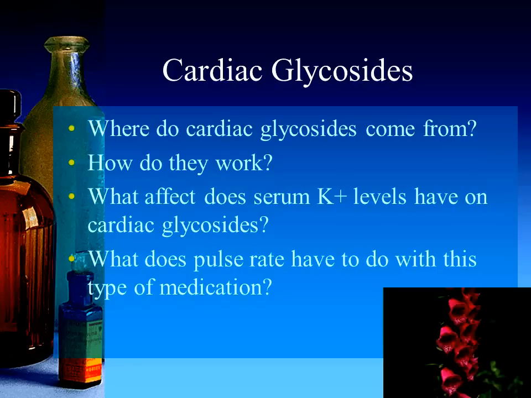Most of our medications, our oldest medications, came from plant sources. And I will tell you that the cardiac glycosides come from an old plant source. They come actually from a plant called digitalis, or the foxglove plant. And I have a picture of it down here in the corner.